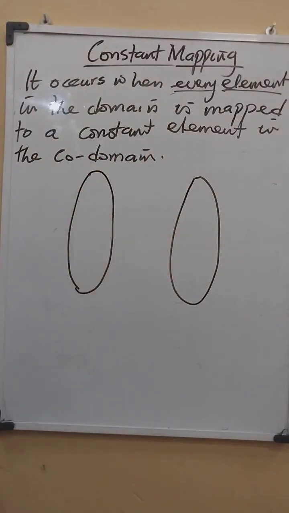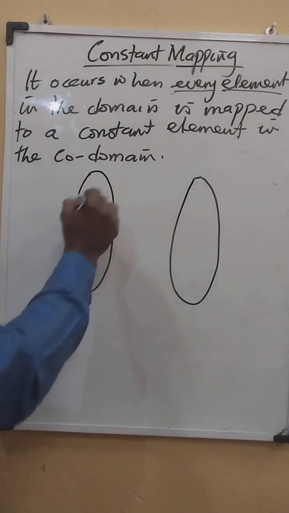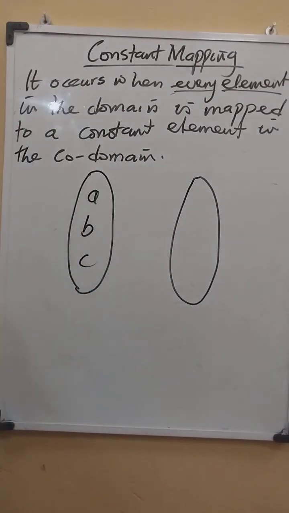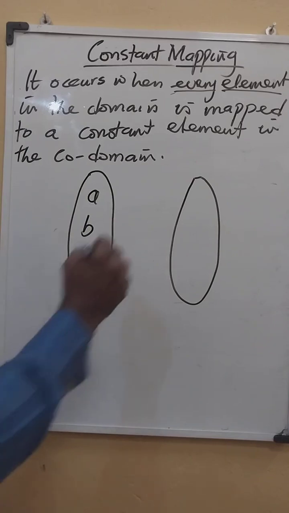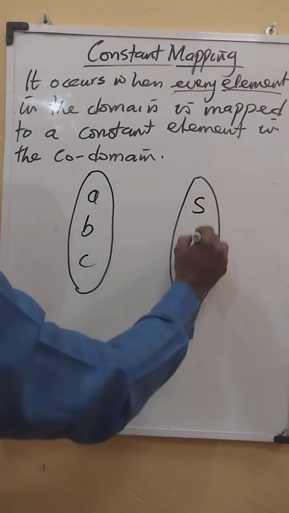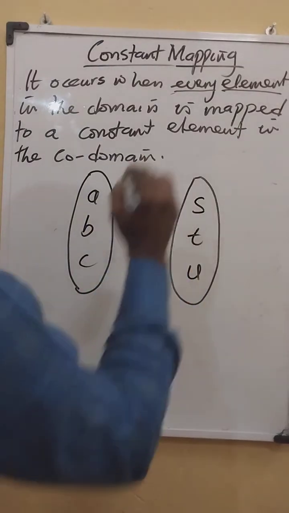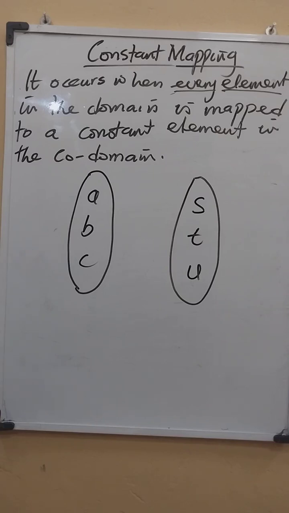So for example, if we have A, B, and C, and then we have S, T, and U, from what I have written on the board in line with the definition of constant mapping, what do you think would be the mapping in this case? Yes, James.